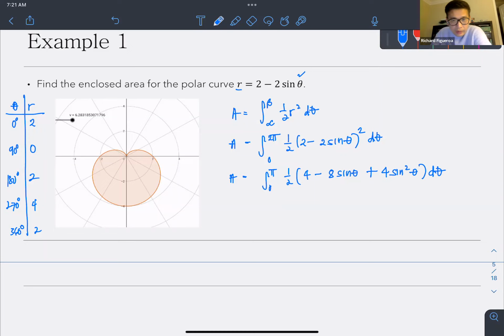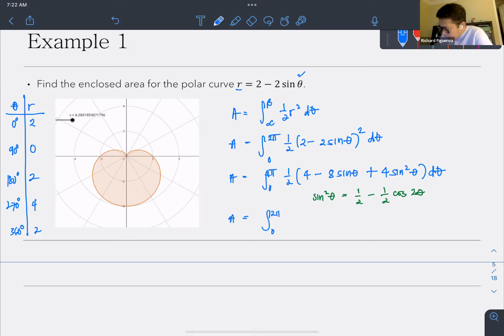We can integrate 4 and sine theta, but sine squared theta cannot be integrated directly. Remember our identity for sine squared theta: 1/2 minus 1/2 cosine 2 theta. I'm going to substitute that.